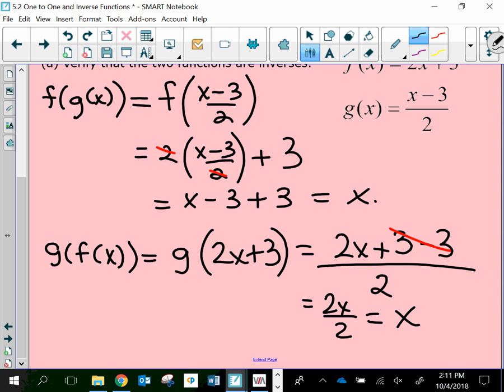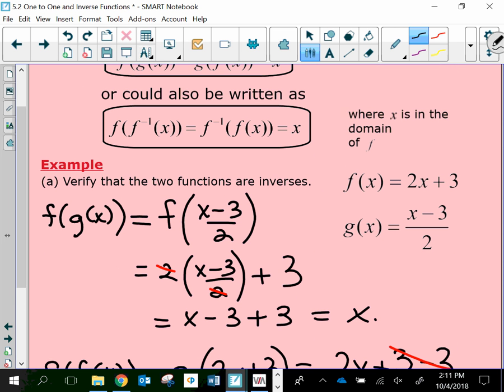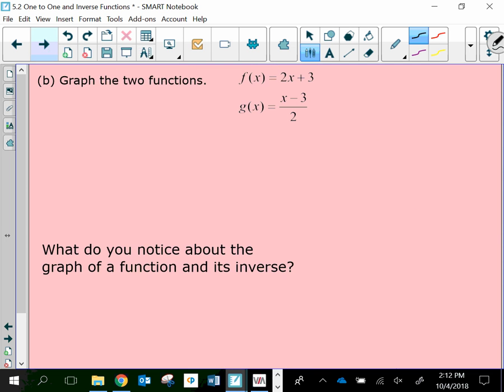So you've just verified. You have to do both ways and show it step by step. You're going to do that with every kind of function you can imagine. It gets a little bit more intense when the functions are not linear, but I'm sure you can handle it.